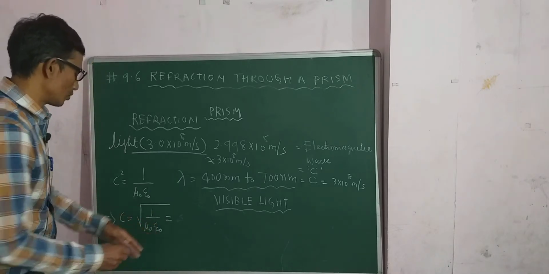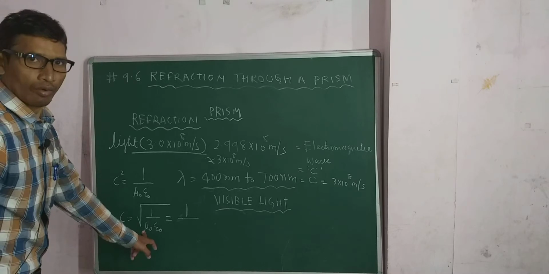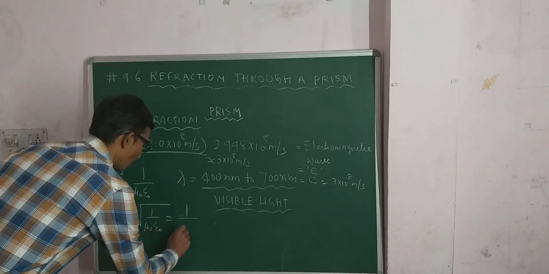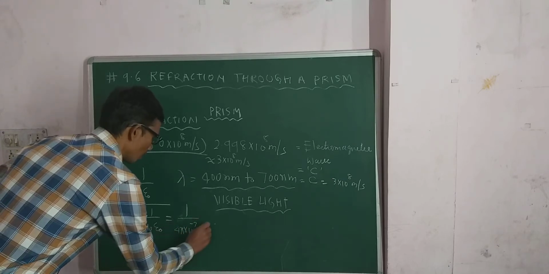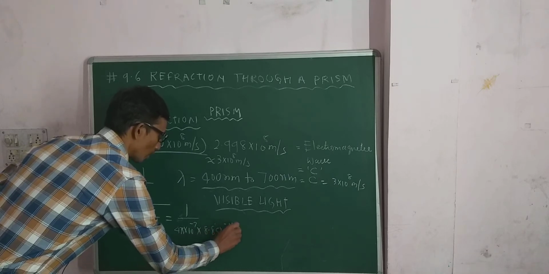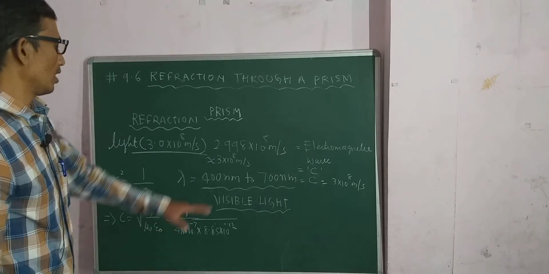We put mu naught as 4 pi into 10 to the power minus 7, and epsilon naught as 8.85 into 10 to the power minus 12.